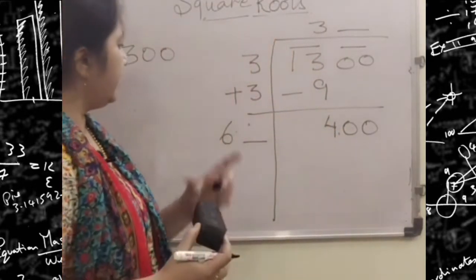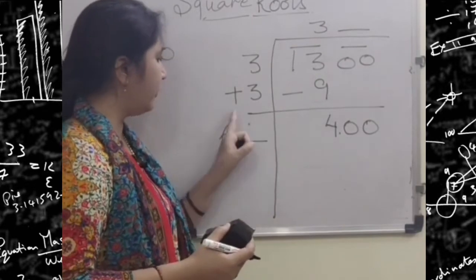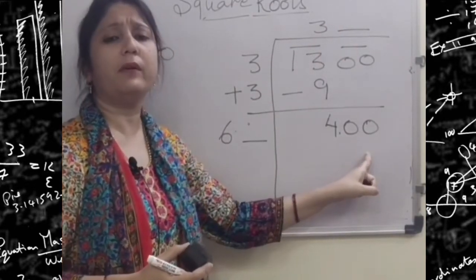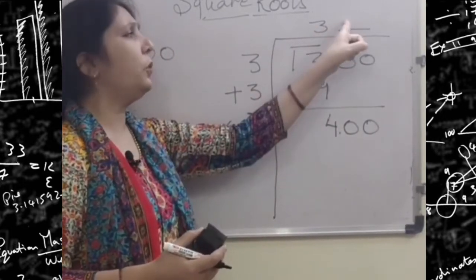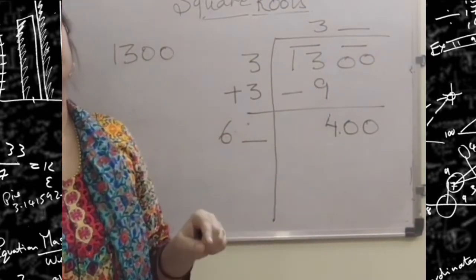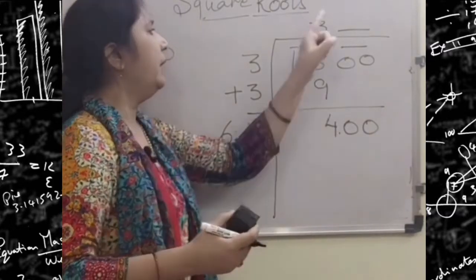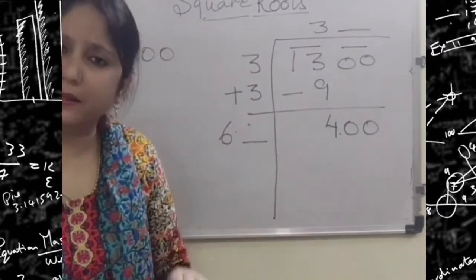Again, trial and error method. If you use 1, it will be 60, this number will become 61. 61 ones are 61, very less than 400. If you take 2, 62 into 2 is 124. If you take 3, this will be 63 multiplied by this 3 will be 189, less than.